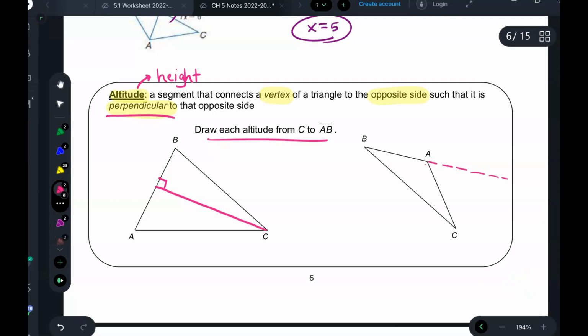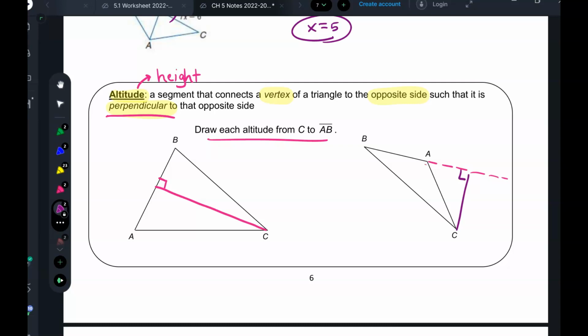Why doesn't it work? Try to take your ruler and make a right angle with this side AB. You can't, right? But now, if I draw it like this, I'll get a nice right angle with that opposite side. So when you're drawing to an obtuse angle, it's always going to go outside the triangle like that.